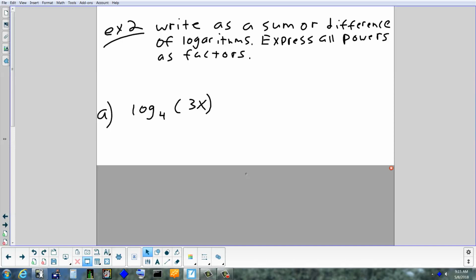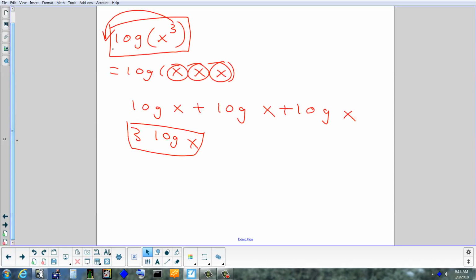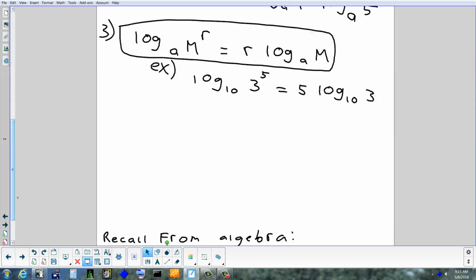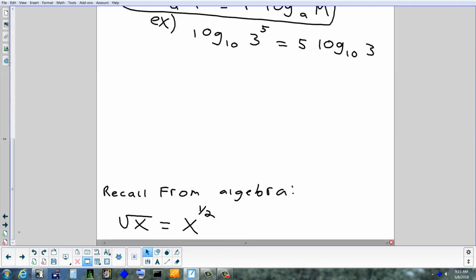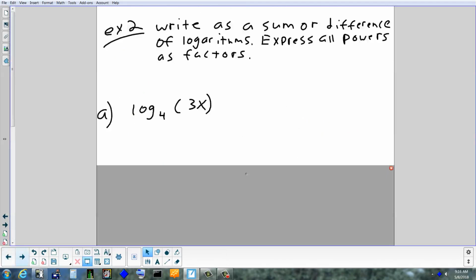Express powers as factors means do rule 3. Don't leave things as exponents. Don't leave powers. Put powers in front. I'm not going to spell it out for you that way on the test. I'm going to write it like this. Express powers as factors.